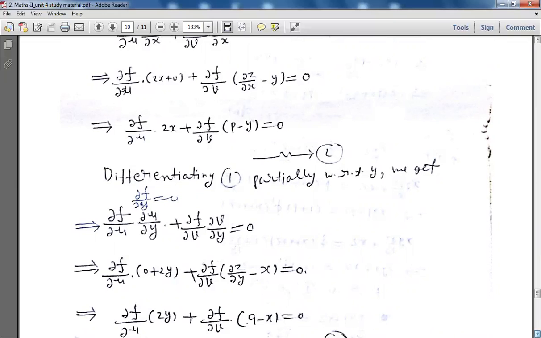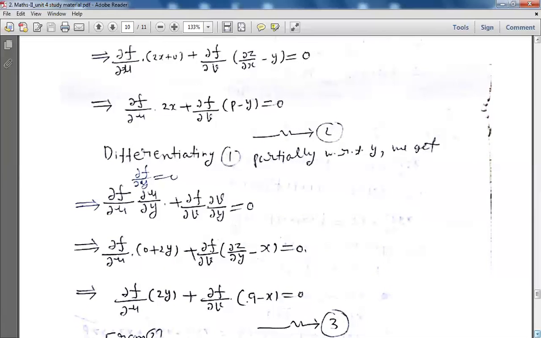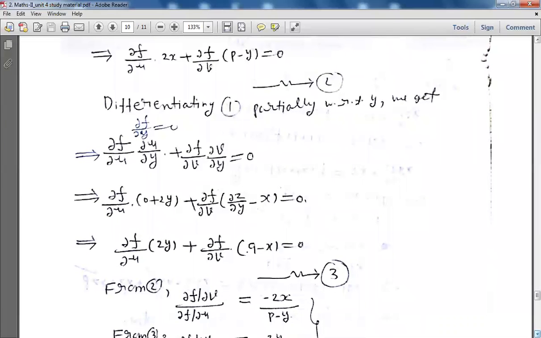The result is ∂f/∂u · ∂u/∂y + ∂f/∂v · ∂v/∂y = 0. Use the concept of partial derivative. The result is equation number 3, that is ∂f/∂u · 2y + ∂f/∂v · (−x) = 0.